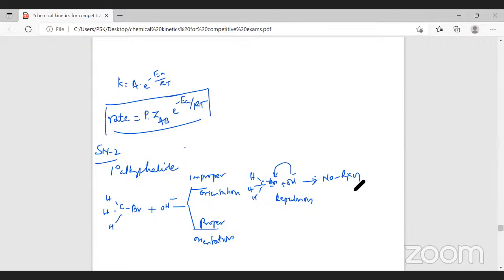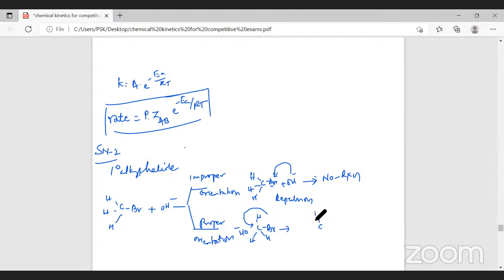But if we write the methyl bromide like this, H, and this is bromine, and the nucleophile is attacking in the opposite direction of bromine, there is no repulsion.